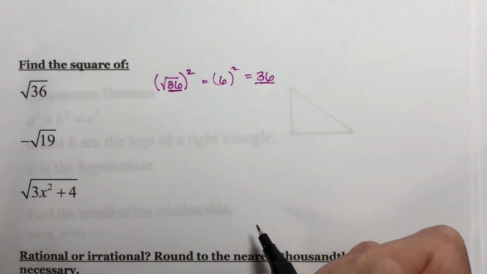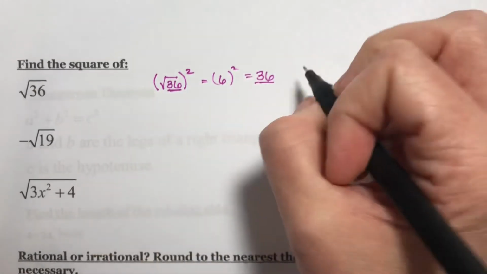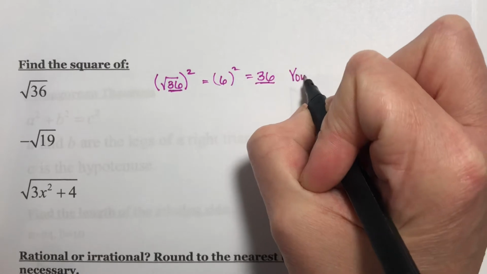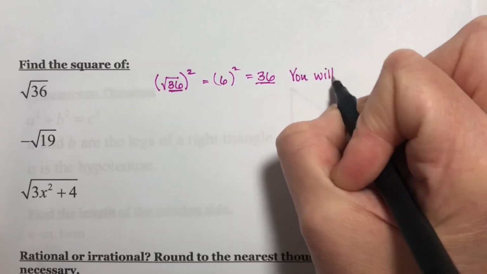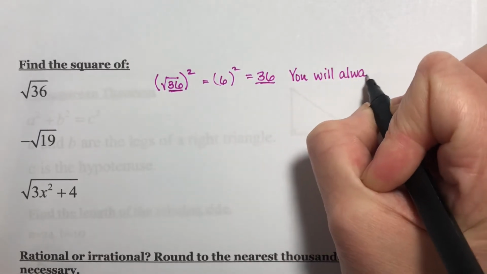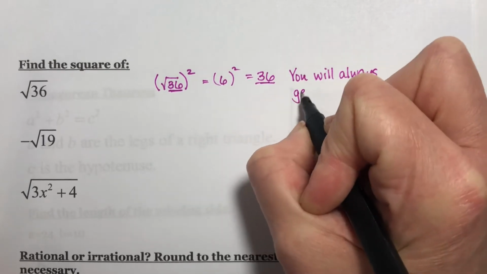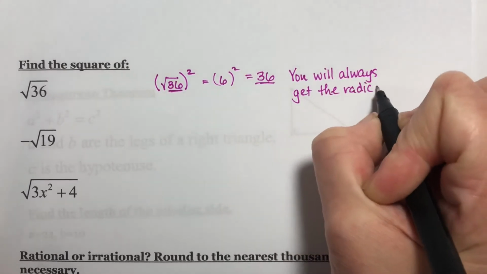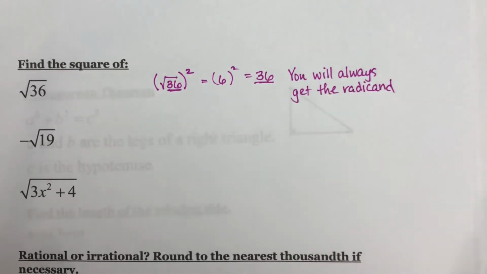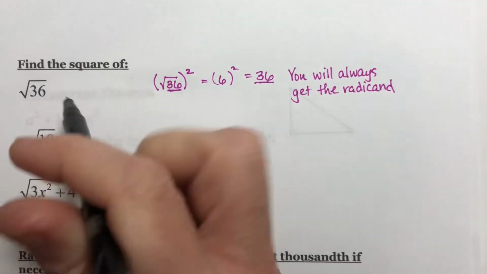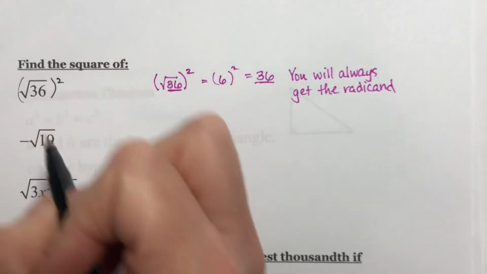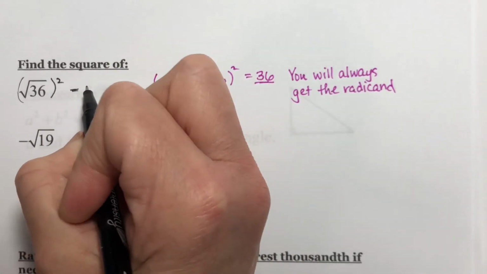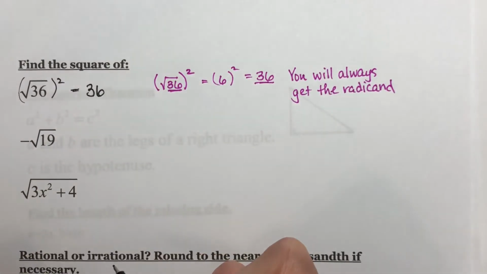It's always going to be the same thing. You will always get the radicand. So find the square of this. They're asking me to do this. And that's going to be 36.